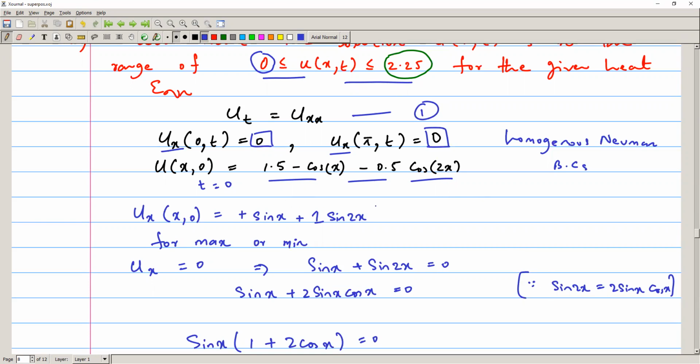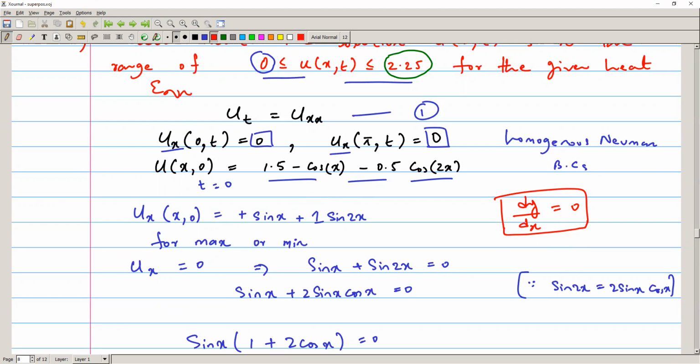So first of all, to find the maximum value, we know from calculus that we need to find the first derivative, that is basically the slope, and where the slope equals 0, the point is either a maximum or a minimum, right? So we need to find the derivative of this given initial condition.